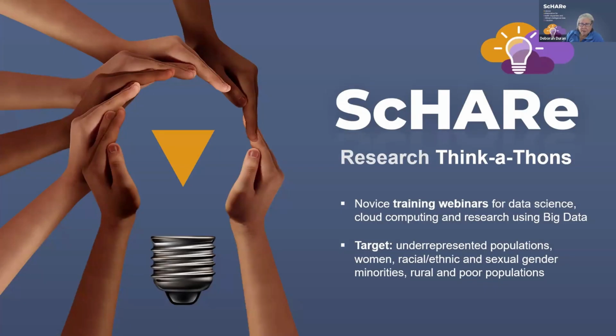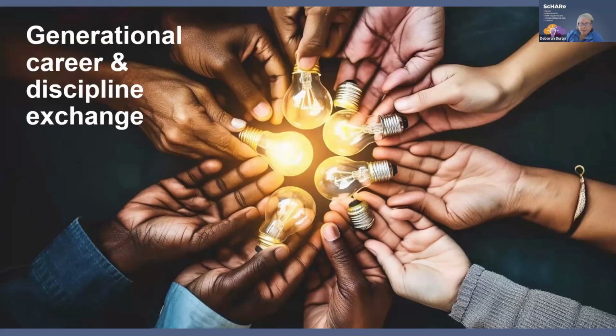One last thing I'm going to cover before I turn the mic over is that we do these ScHARe Think-a-Thons every month on the third Wednesday. We do this because it's a platform for generational career and discipline exchange. We have data scientists and health disparities researchers. We have old and young, new investigators, senior investigators, students, and advanced career levels.